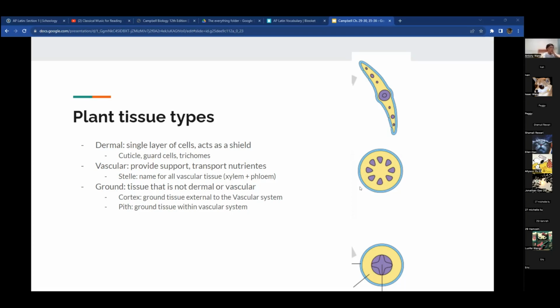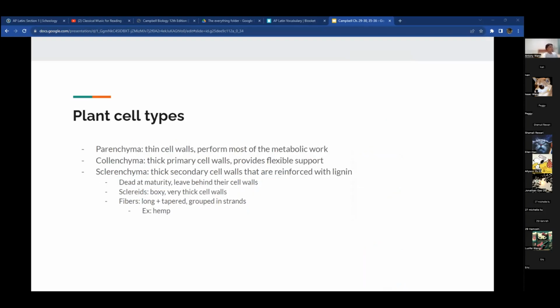Then within the vasculature, if you think of the vascular tissue as a ring, it isn't always, but in this case it is, the tissue within the vascular system, in this circle, is the pith.